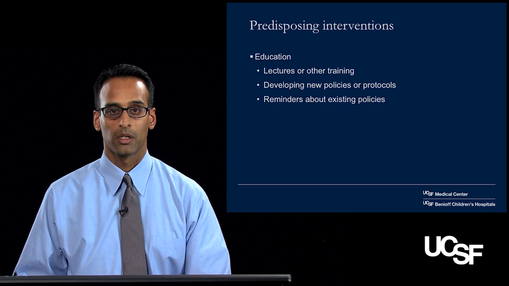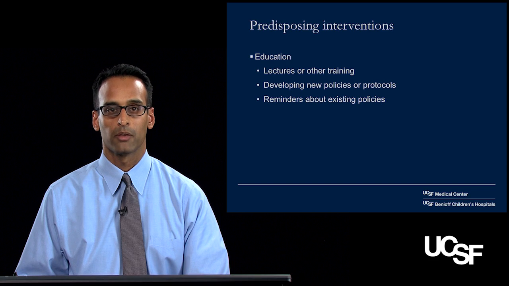However, it's critical to understand that educational interventions on their own usually only produce small-scale behavior changes that usually are not particularly durable. Another common pitfall in quality improvement work is relying solely on educational interventions to achieve a specific type of behavior change. A combination of predisposing, enabling, and reinforcing interventions is really necessary in order to produce lasting behavior change.